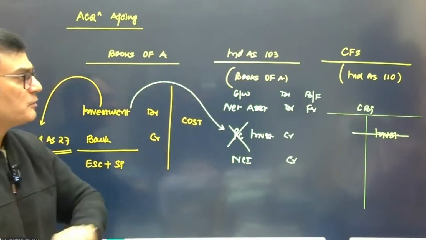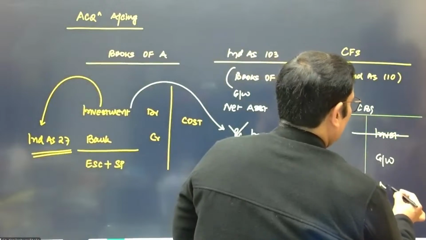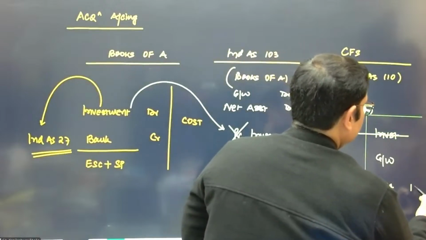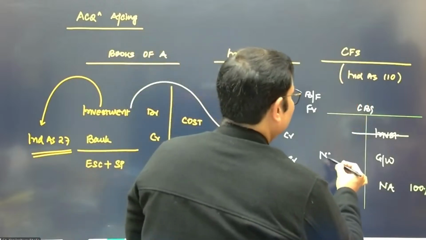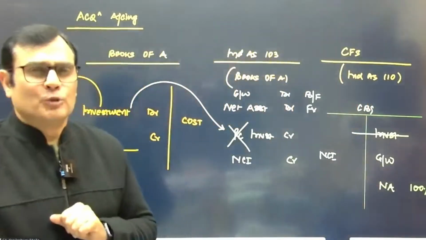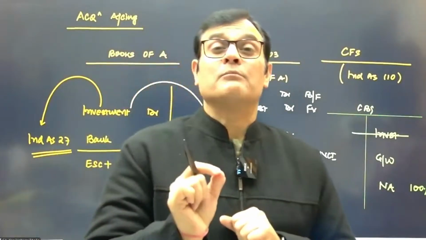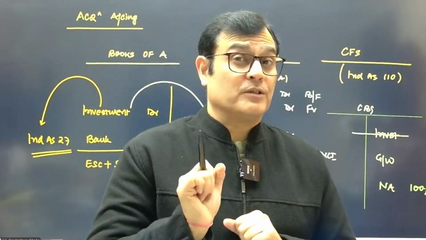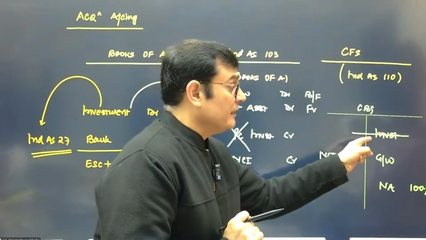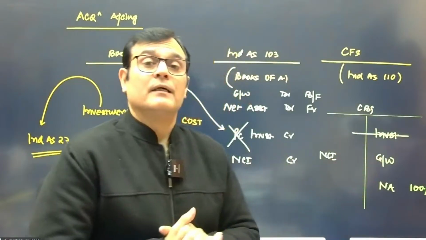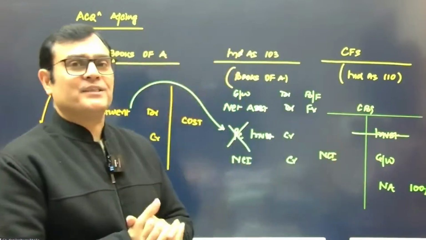And what takes its place? You record the goodwill, you record the net assets, and this is 100% of the net assets, and you record the NCI. You're going to see this later under Ind AS 110. When we come to the practical insights of consolidation, you will see in a consolidated balance sheet, investment is replaced by 100% net assets with a goodwill and the NCI.